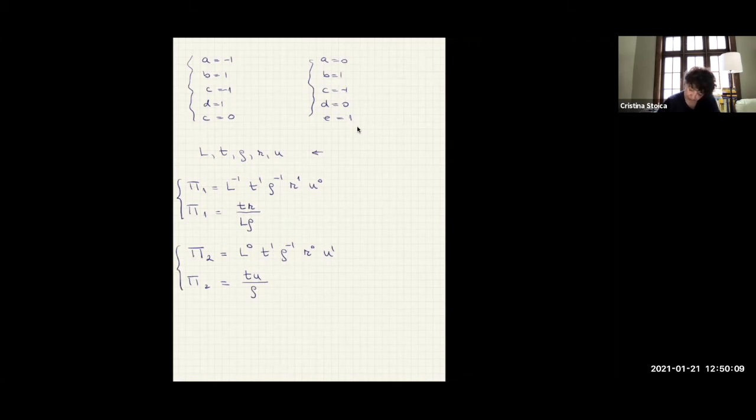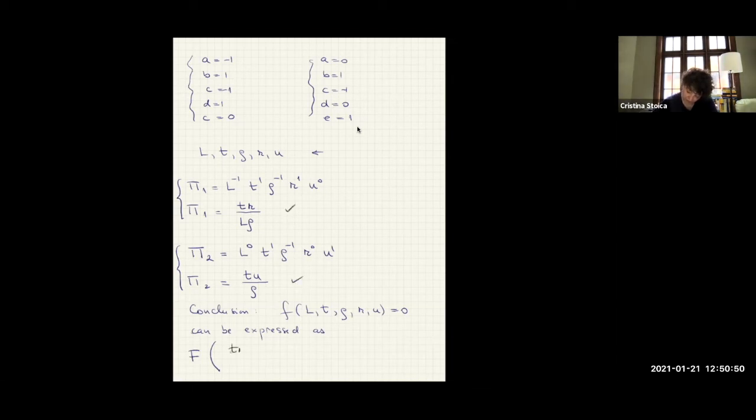So by the Buckingham Pi Theorem, we can conclude that f of L, T, rho, R, and U equals 0 can be expressed in terms of two variables as a law, as some function of these two non-dimensional variables.